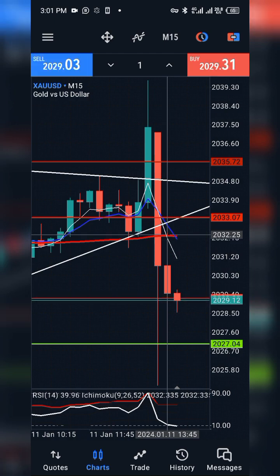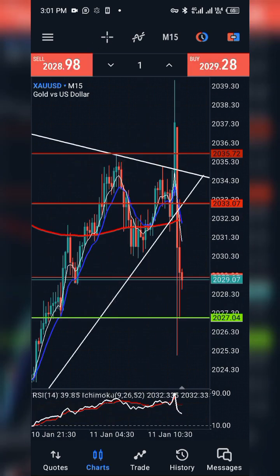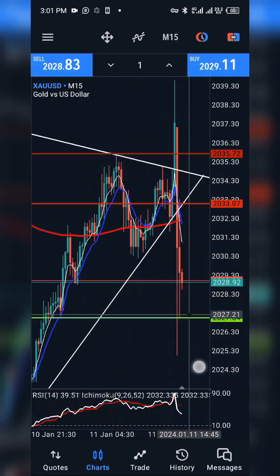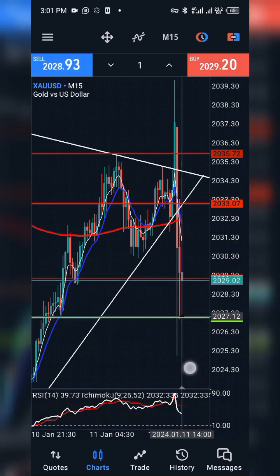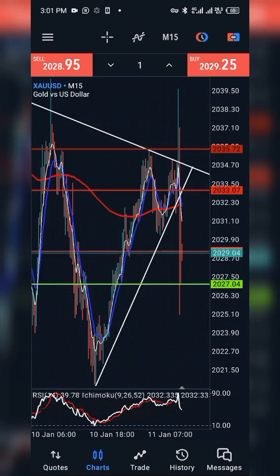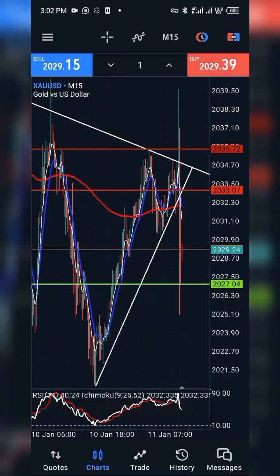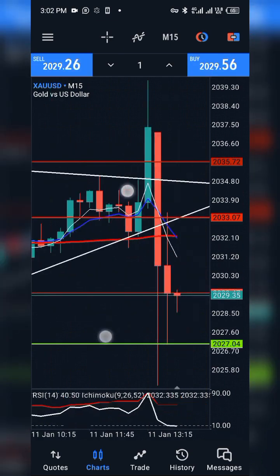I cannot enter a sell and hold until I have to hold the sell to the 2027 support. I have to hold the sell to this zone, or I will hold the sell to 2024 and 2022 lows. It can reach 2022 today. So that is it, guys. Let's wait for more confirmation before I execute a sell.